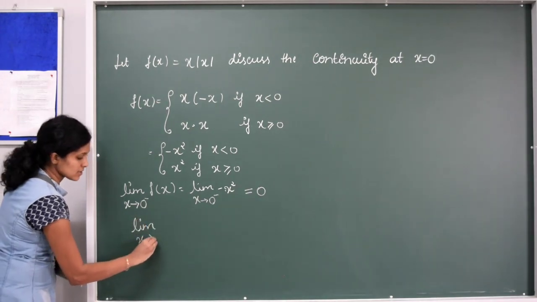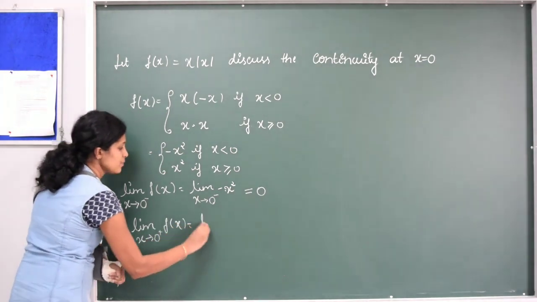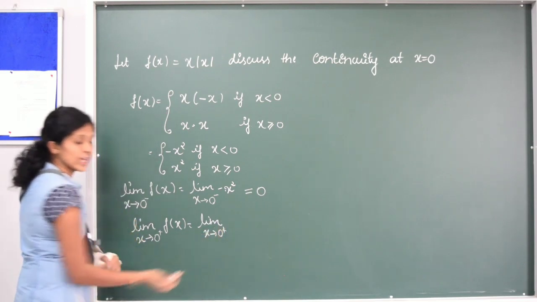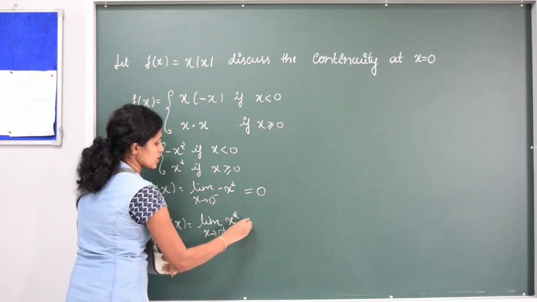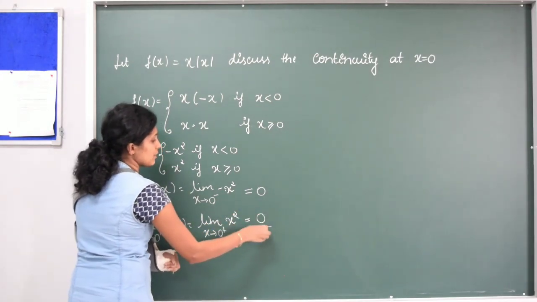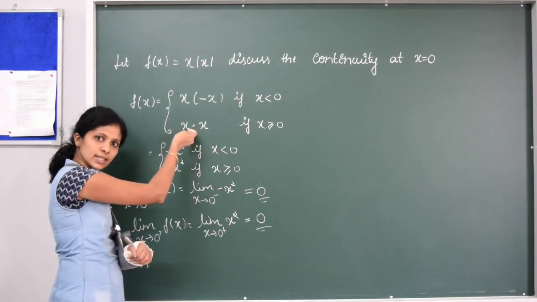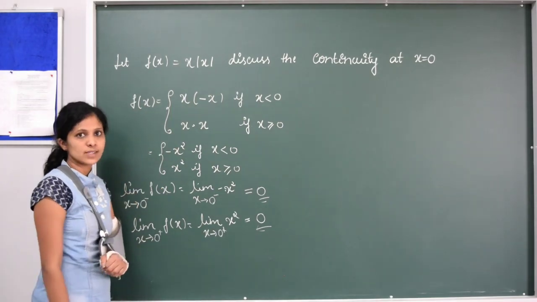Right? Limit of x tends to 0 plus f of x is equal to limit of x tending to 0 plus, the value of x is greater than 0, the function will be x square. So this is also equal to 0 if you substitute 0. So left hand limit is equal to the right hand limit and f of 0 is also equal to 0. So the function is continuous at the point x is equal to 0.